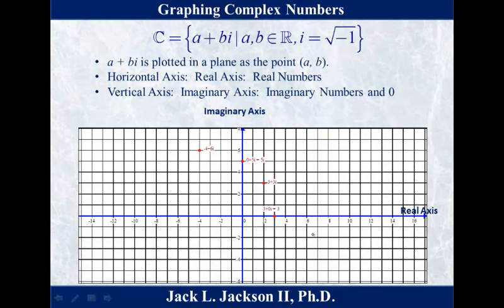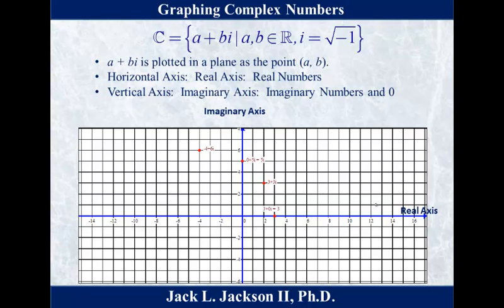Now here we get to graphing these, and of course you know every point in a number line corresponds to a real number. We can actually find complex numbers as points in a plane. So we have a horizontal axis, kind of like the x-axis. That's going to be the real axis, and the vertical axis then is the imaginary axis.